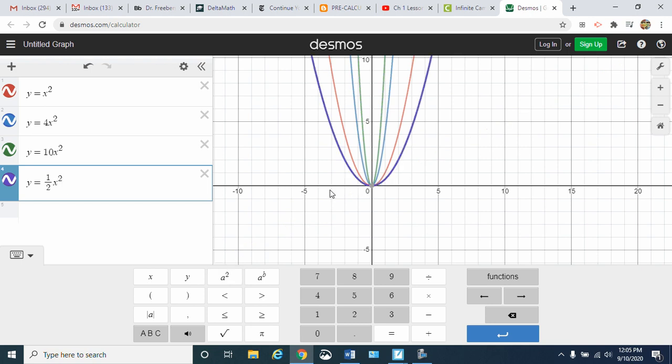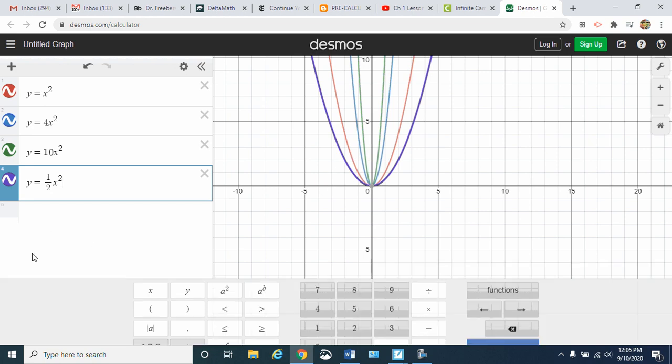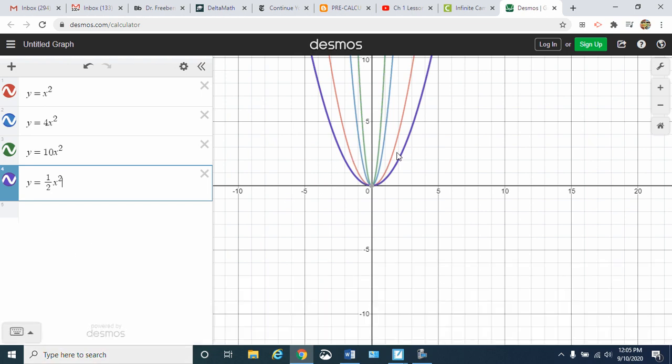And there we go. Look at the red right there, that is our original parent function, and the purple is what we just put in. When you have a fraction between 0 and 1, it makes the graph vertically shrunk or horizontally stretched, either way that you want to use that.